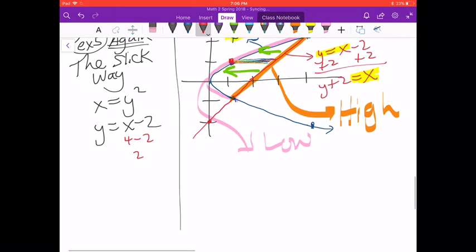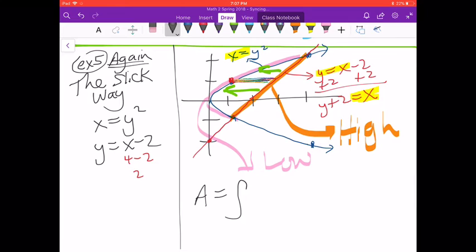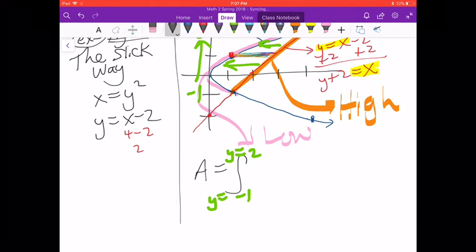I'll explain more next time I see you guys in class, but the basic idea is we get to say area equals, and we're going to integrate from a certain y value, which is -1, up to positive 2, so this is the direction we're integrating. In fact, I'm going to write y equals negative 1 to y equals 2 to remind us that that's what we're doing.